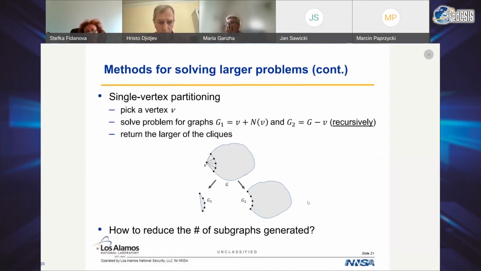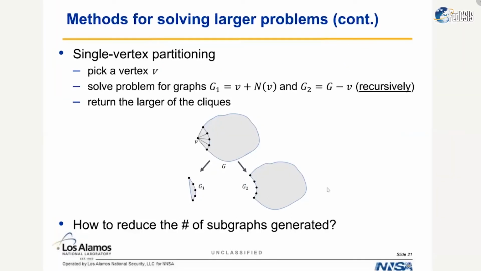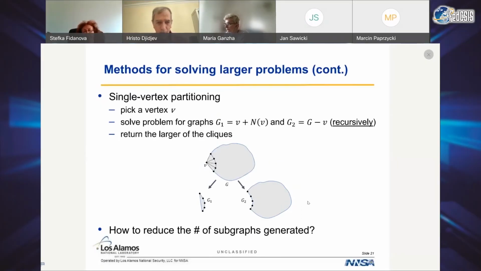Okay, so this is how it works for the maximum clique problem. This is the method of using single vertex partitioning. So we pick a vertex V, and there are two possibilities. Either this vertex belongs to a maximum clique, or it does not belong to a maximum clique. And for each of these two possible cases, we can simplify the problem.